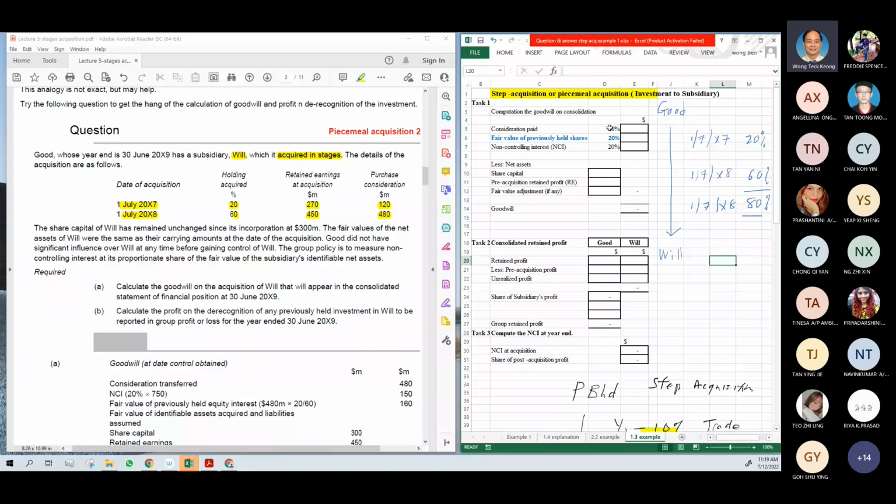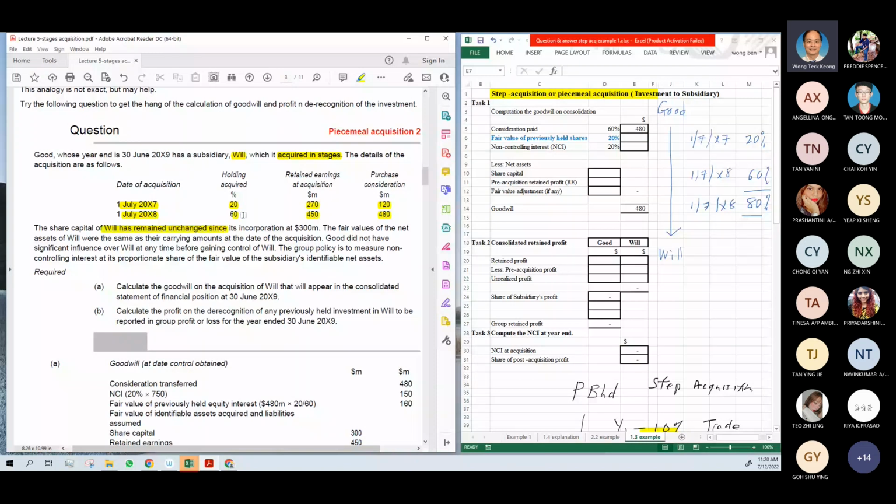The NCI, they haven't told us yet. The previously held share, the 20% one, is valued on 1st July X8. Then we see how much they're paying at X8 for the 60%. Coming back to the question: the share capital of View has remained unchanged, so the percentages are maintained at 20% and 60%.